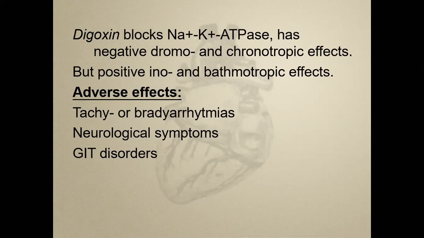Digoxin has extracardiac effects, enhancing diuresis and enhancing tone of smooth muscles, and as a result there will be different GIT disorders: vomiting, diarrhea, maybe anorexia.